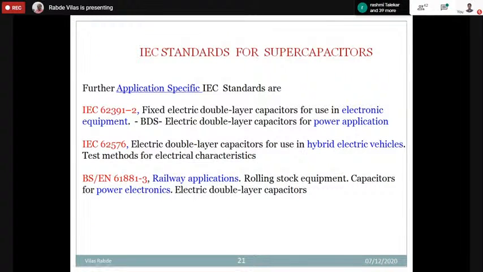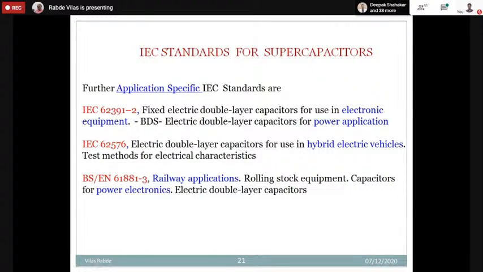Now, though there are application specific standards now, and this first standard is IEC 62391-2, fixed electric double layer capacitor used in electric equipment, electric double layer capacitor for power applications. Second standard is used for hybrid electric vehicle test methods for electrical characteristics.